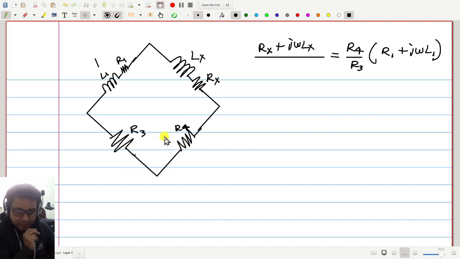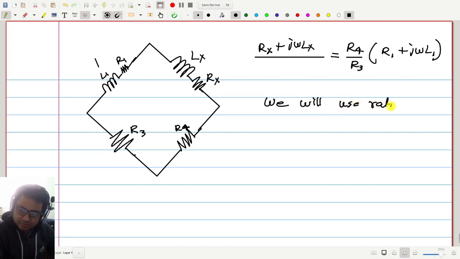Let me ask the question. We will use a ratio bridge. So can we do it like this? We can use a capacitor in the third arm and then use a capacitor combination in the first arm as well. That's what I was trying to go to. Let me pose the problem.